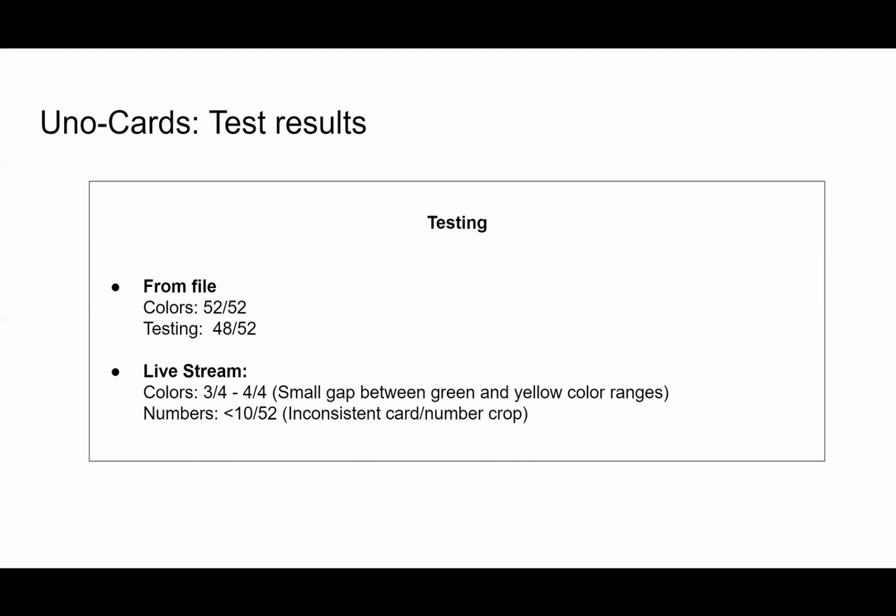It doesn't always take effect, so it's either 3/4 or the whole data set. In terms of numbers, there is quite low accuracy, more exactly under 10 numbers out of 52. There are inconsistencies in card and number crop, which can be resolved with further research.